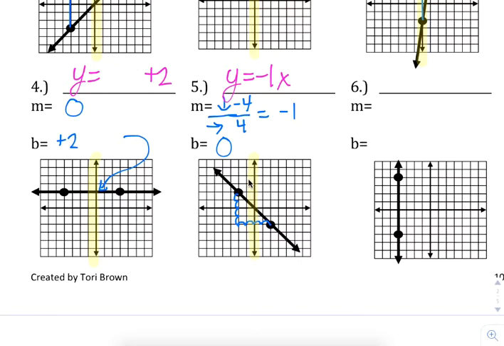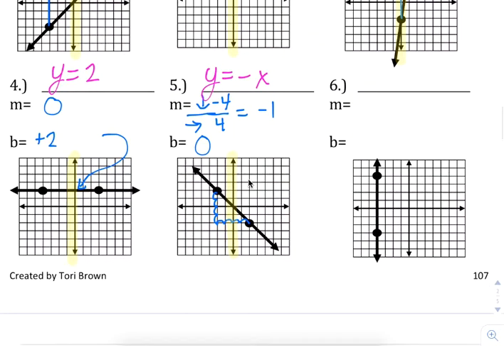Okay, I don't have that. So problem 4, the only thing that you should have is y equals 2. There isn't any more information. Problem 5, you want the y equals negative 1x, but we don't need the 1. We only want to keep that negative. Okay, so your equation should say y equals negative x. Go ahead and write those two answers down, and we're going to move to number 6.